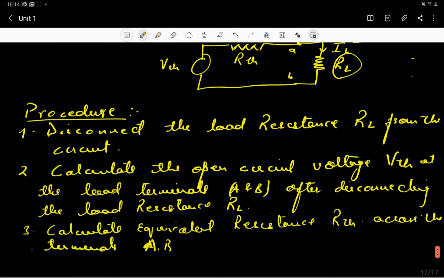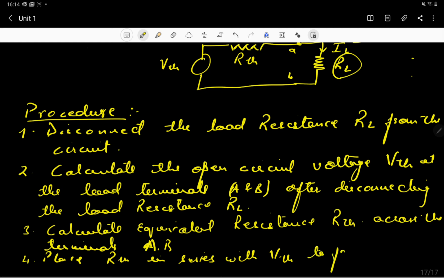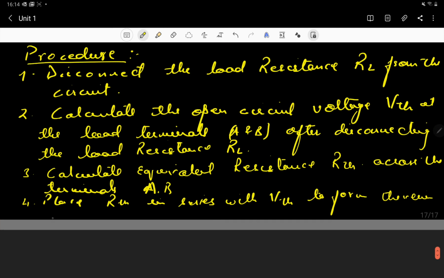Okay, now next, fourth step is what? Place RTH in series with VTH to form a Thevenin equivalent circuit.